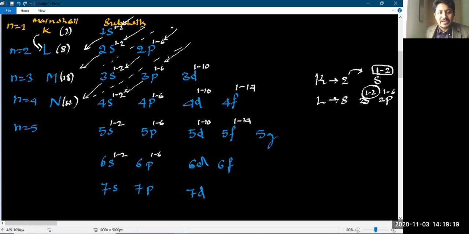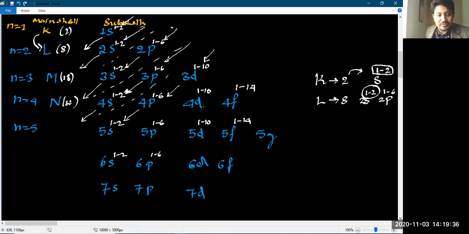After 3p it will not go to 3d. The electron will jump to 4s, because the 4s energy level is lower compared to 3d. So after filling 4s it goes to 3d and fills electrons, and then goes to 4p.